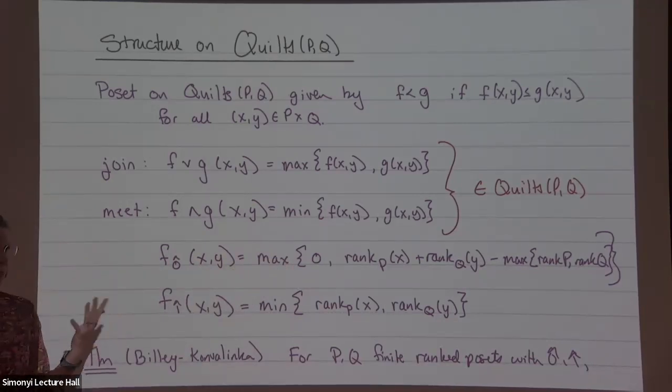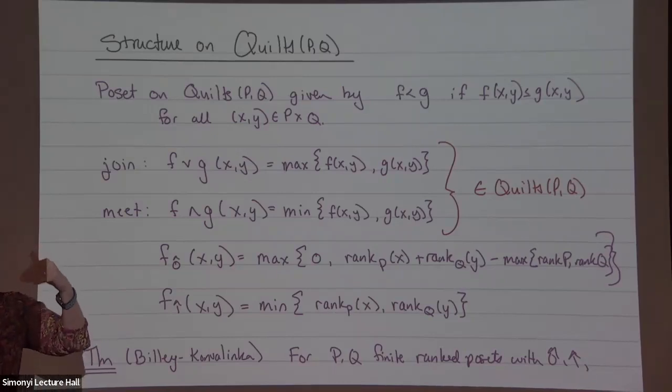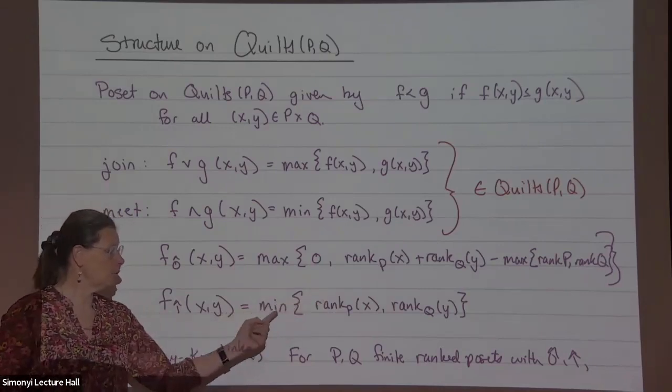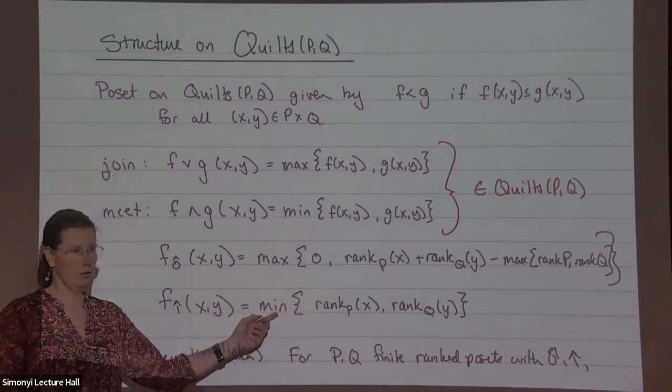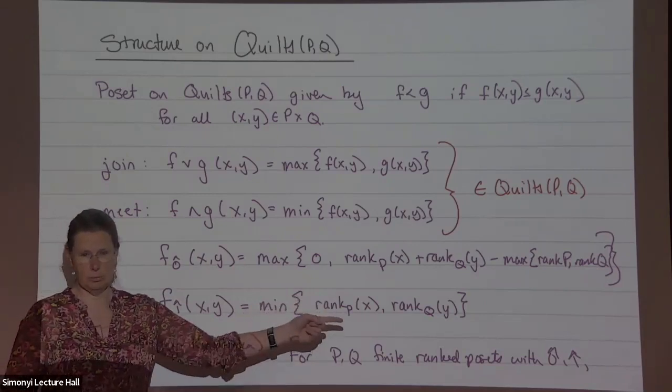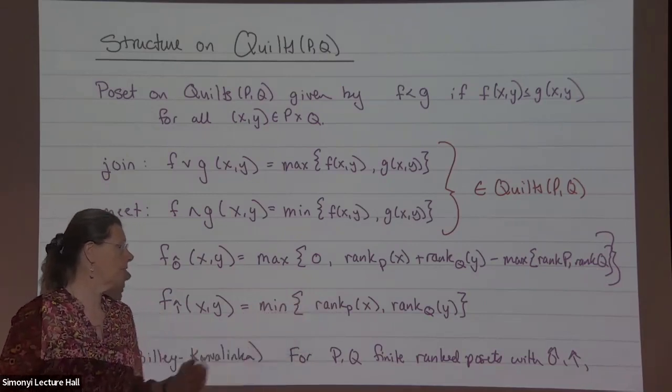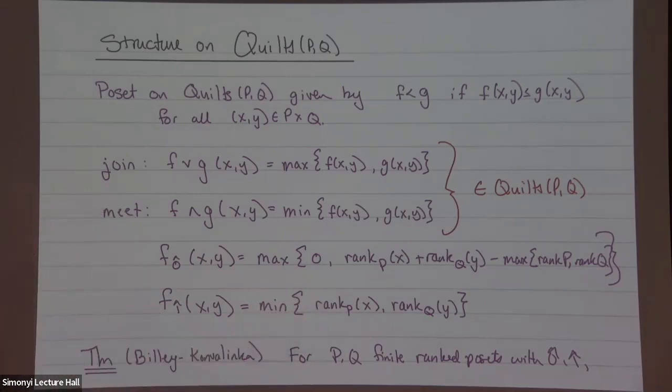And the maximum is just step up every time you can. In terms of the rank functions, you're going to step up every time. The only thing is that at the top, the function will have to be the minimum of the ranks of the two posets. So every entry will be bounded by the rank in P and the rank in Q of that pair. Okay, so both of those exist.